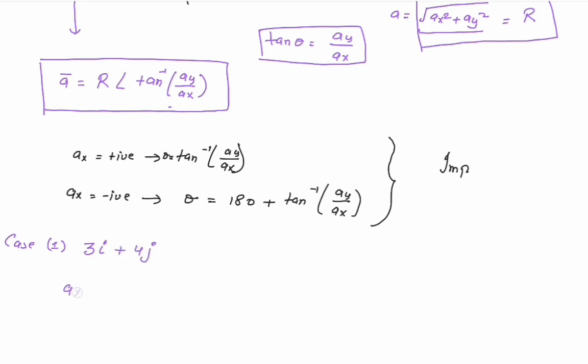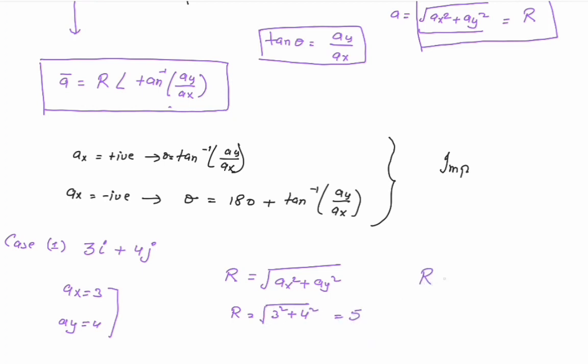What is the value of ax over here? Ax is 3, ay is 4. Then what is going to be the magnitude? We know the magnitude of the vector is going to be the under root of ax square plus ay square. It means R is going to be the under root of 3 square plus 4 square. It will give you 5. It means R, the magnitude, is equal to 5.